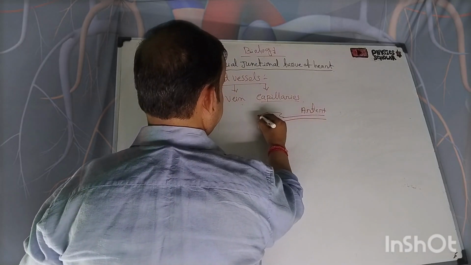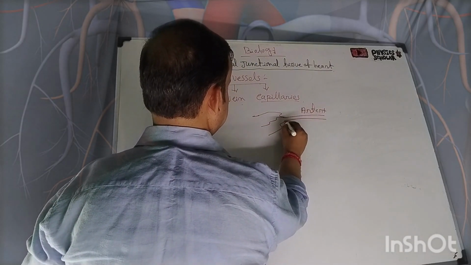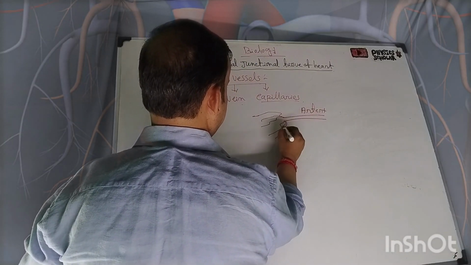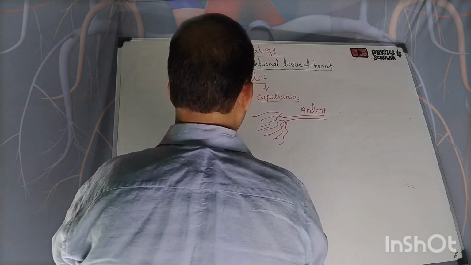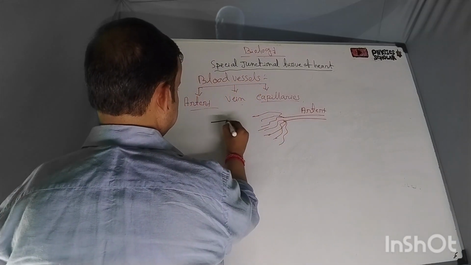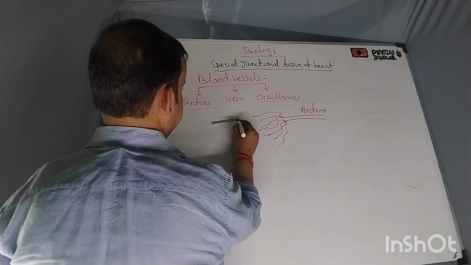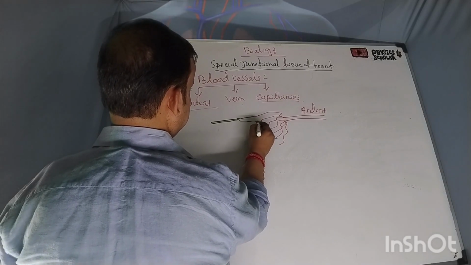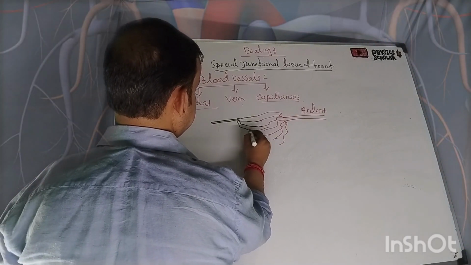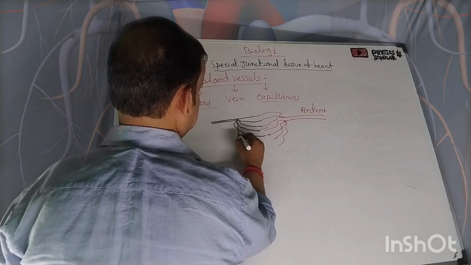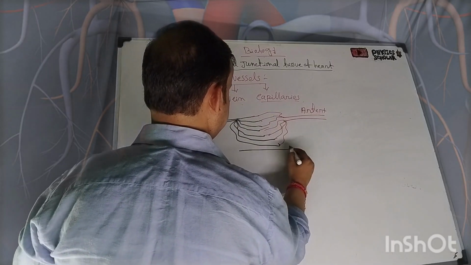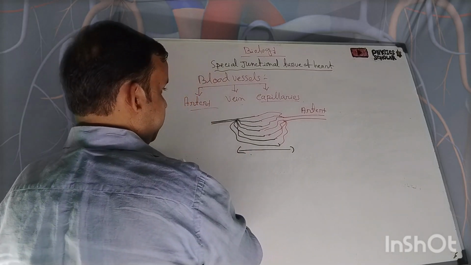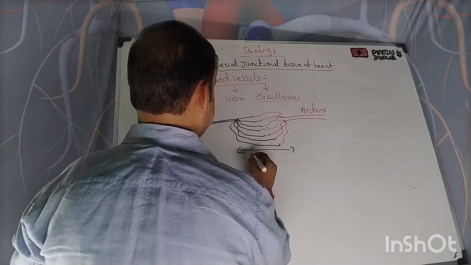It branches into smaller parts. Clear? And suppose this is the vein. It also branches into smaller parts. Clear? So this part is known as the capillary.